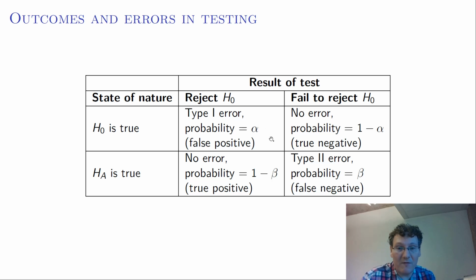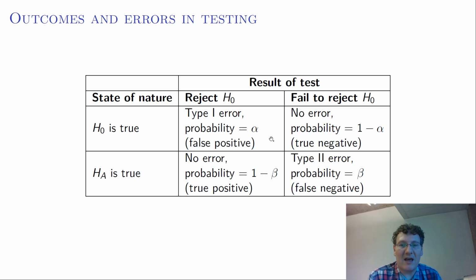So we set alpha to be a value that we're comfortable with. That's the significance level. So we can say, if the null hypothesis is true, how willing am I to make the decision of rejecting it, even though it's true? And you set that to be alpha, like 0.05 or 0.01 or something.